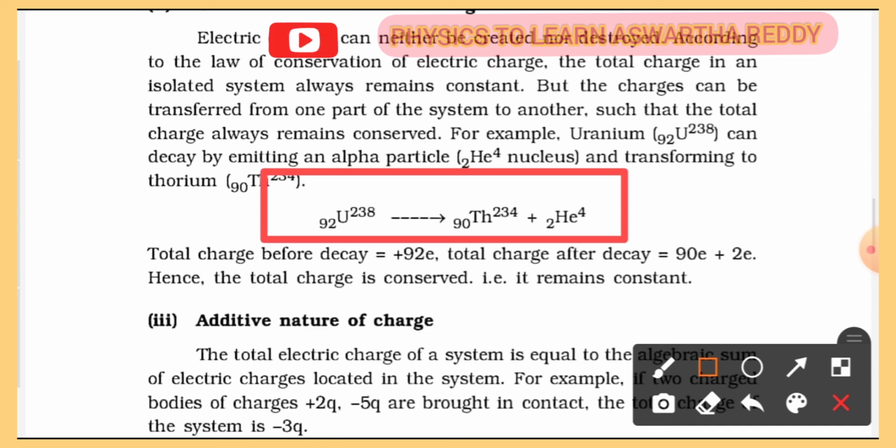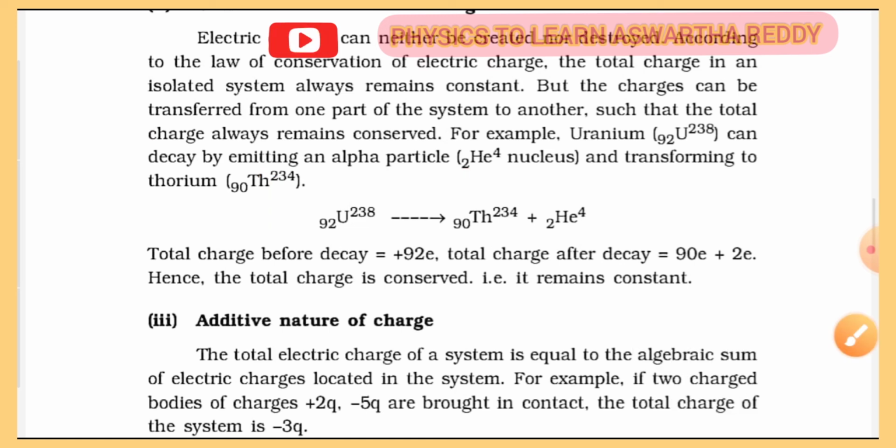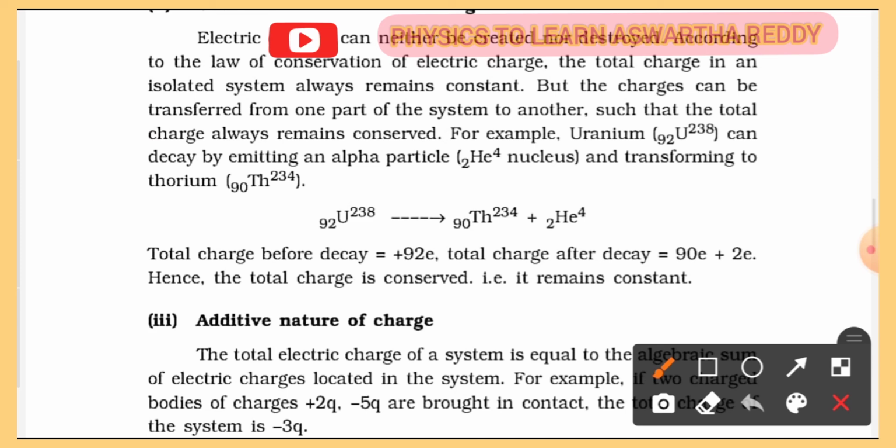After splitting, thorium has 90 and helium has 2. So the total charge before decay is plus 92e. The total charge after decay is 90e plus 2e. Hence the total charge is conserved. That means the total charge always remains constant.